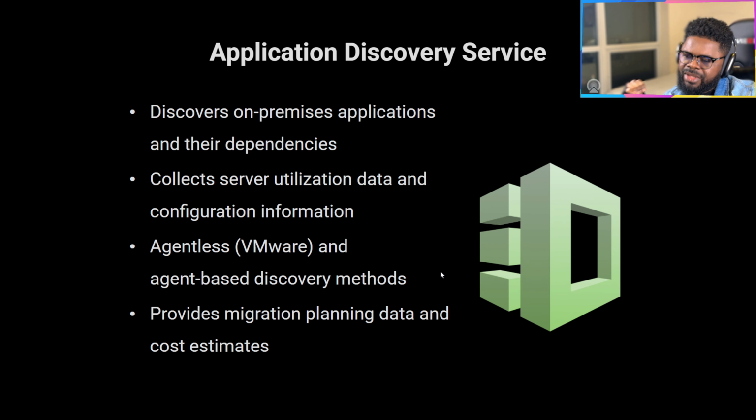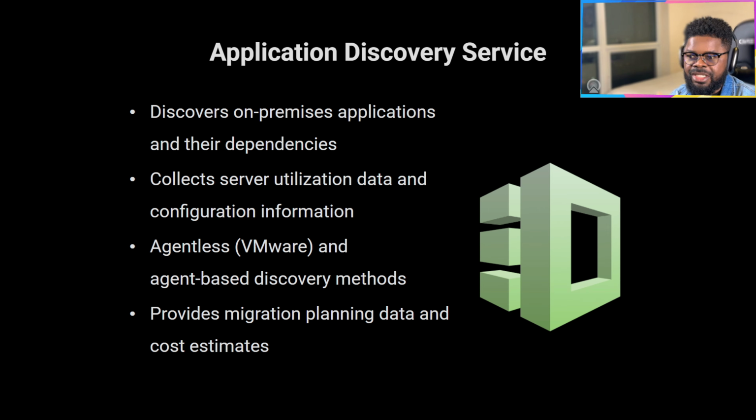So when we now think, after talking about Migration Evaluator, right, you've done assessment. You've gotten to a point where you now say, okay, I want to move to the cloud actually. I think I've done this analysis, this assessment, it looks good. That would move you to the next service, which is like a discovery service. The whole idea is that you can now use a discovery service to plan the migration, right?